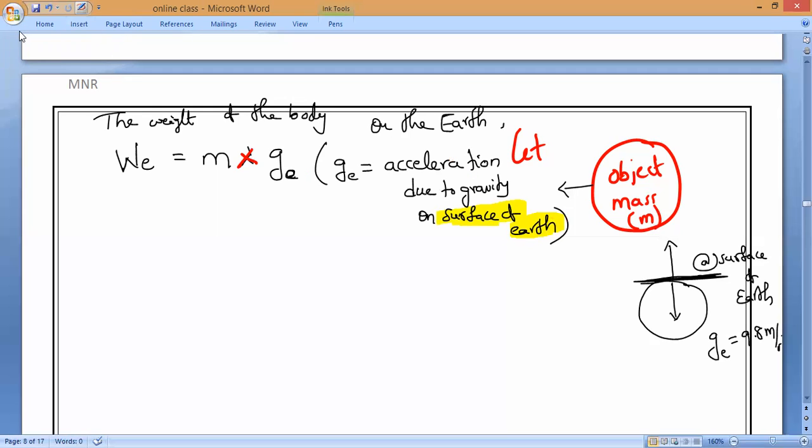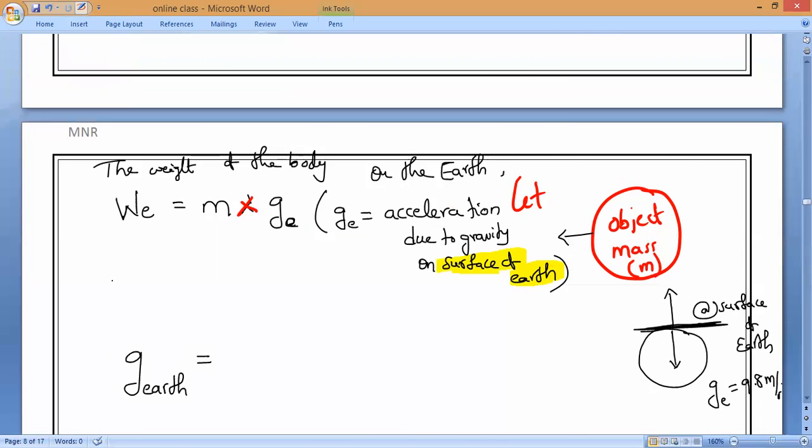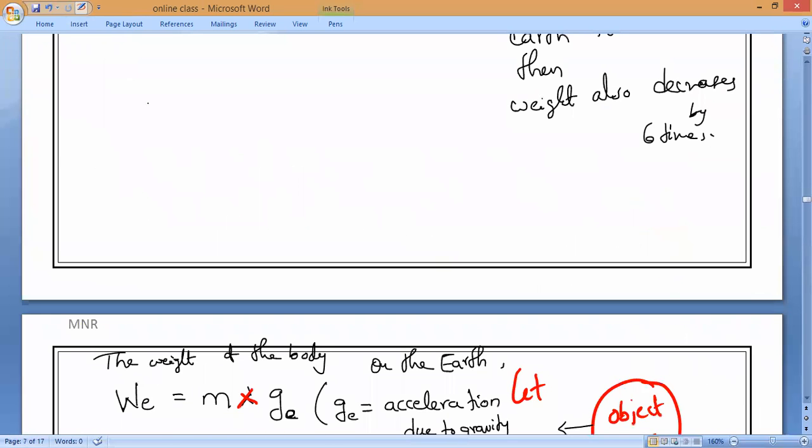Now, let us consider the acceleration due to gravity on the earth. Can you tell me what is the acceleration due to gravity on earth? I want the formula, Mitakshri. What is the g formula? Those who don't know, you can learn later. Learn the formula.